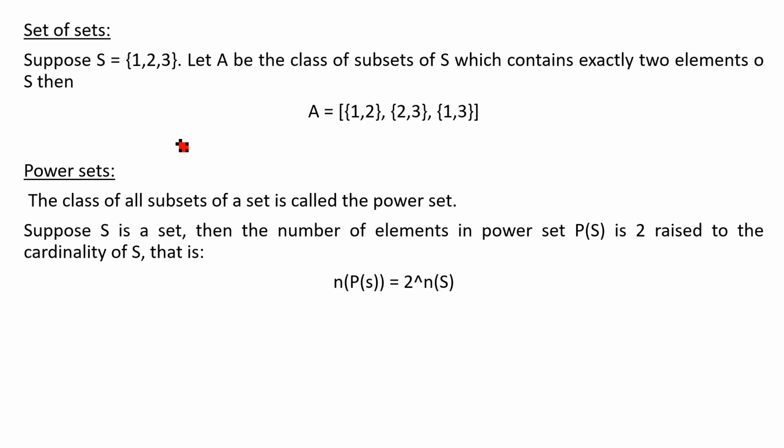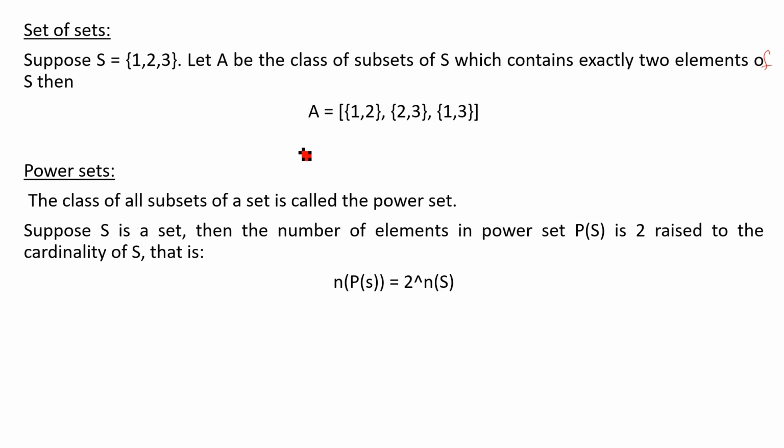Let A be the class of subsets of capital S which contain exactly two elements of S. So A would be like this: {1, 2}, {2, 3}, {1, 3}.